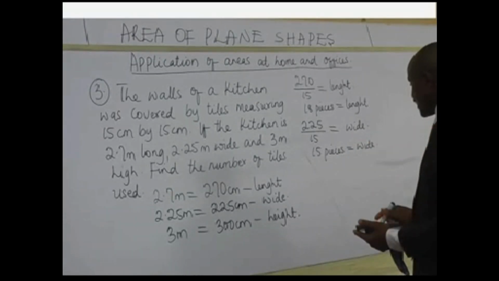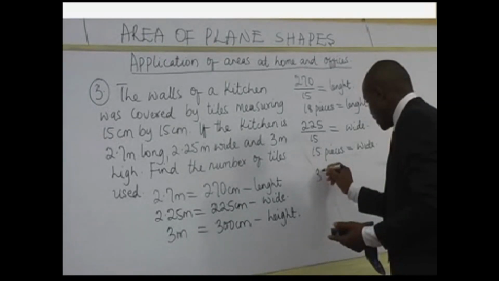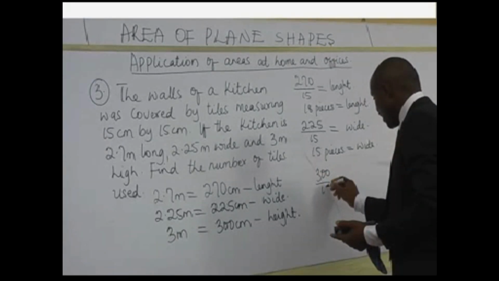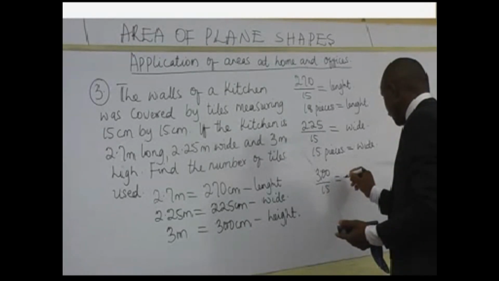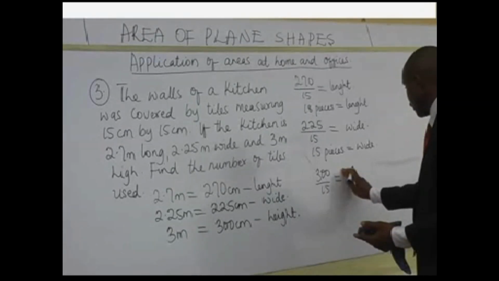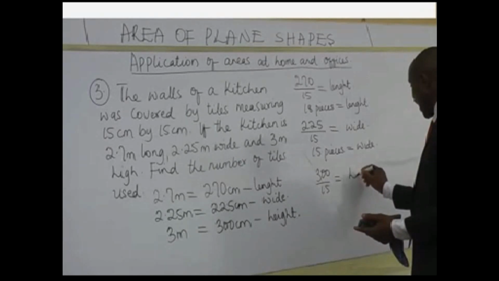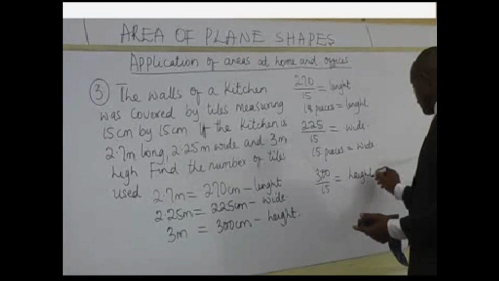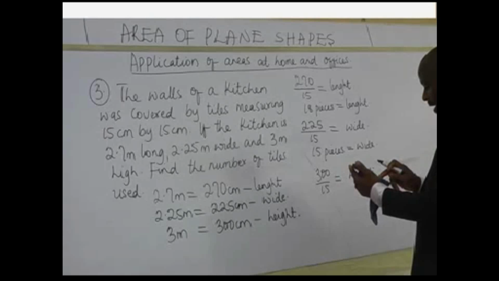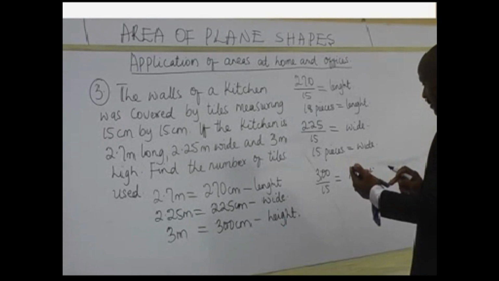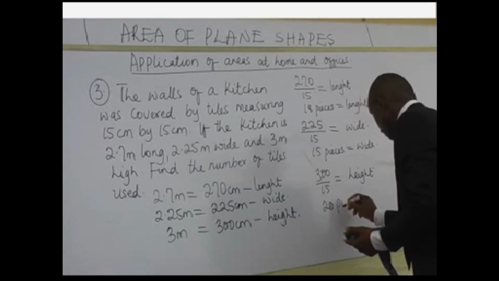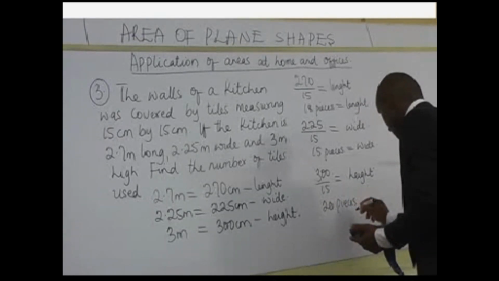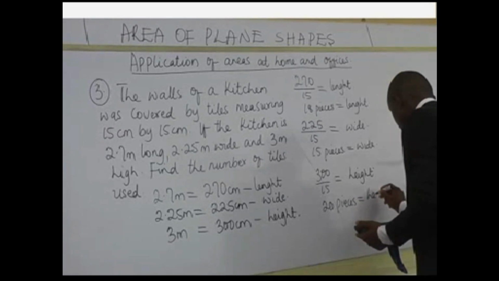Then for the height, we require 300 divided by 15 pieces. That is for the height. If you divide out, 300 divided by 15, giving us 20 pieces for the height.